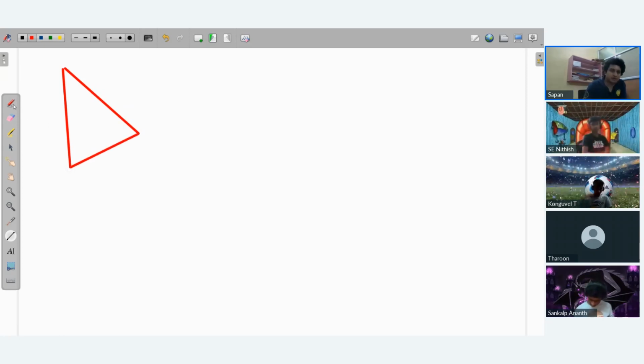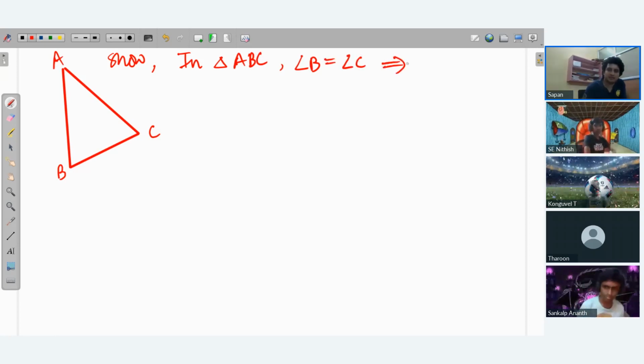So now in triangle ABC, I want to look at it in another way. Show that in triangle ABC, angle B is equal to angle C implies that AB is equal to AC.